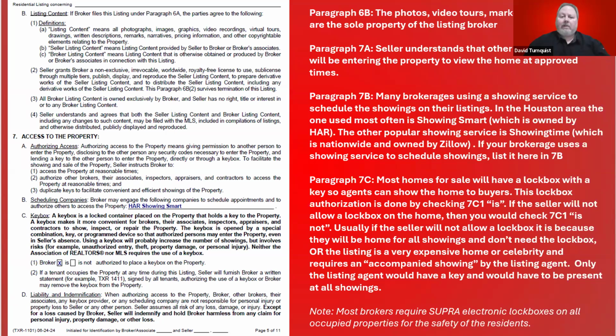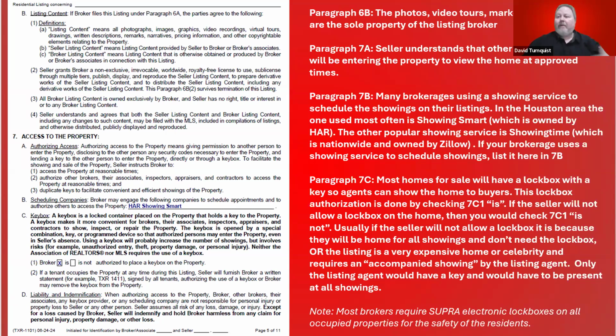So these are great services because they offer online scheduling, and you can see who's showing your house and when. It texts the seller and lets them know who's coming and when they're coming. The seller can approve it by just clicking yes on their phone. So it's a great service. Some brokerages have an in-house scheduling service.